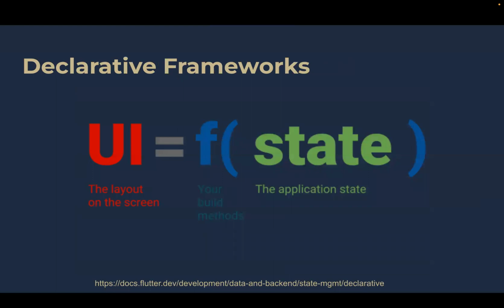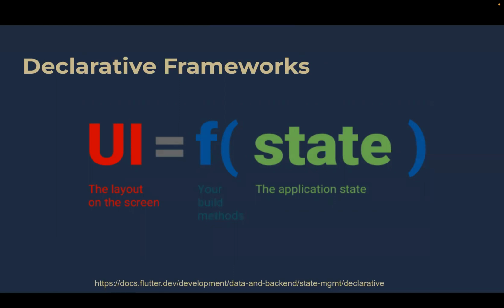So the first thing they go into is that Flutter is a declarative framework. This point is really more important for those that have traditional Android or really even, honestly, anyone that's had traditional programming experience.